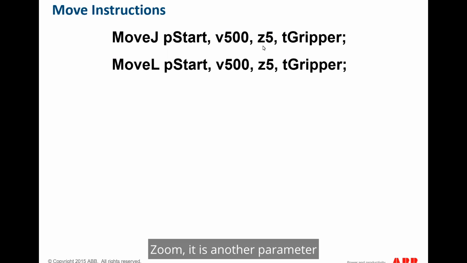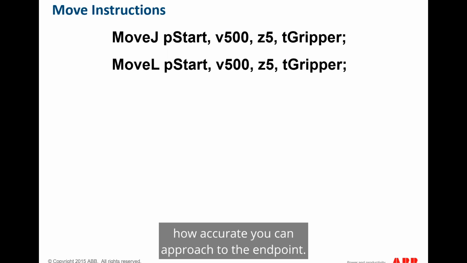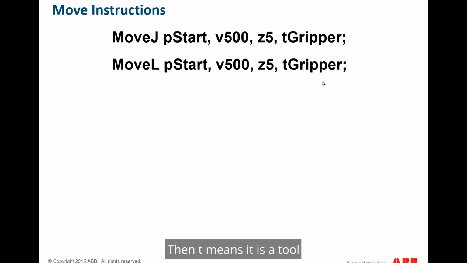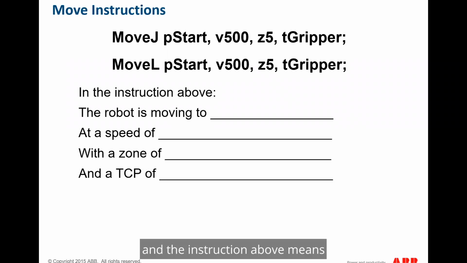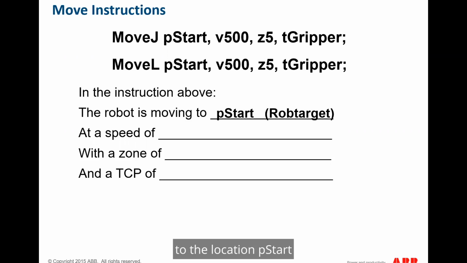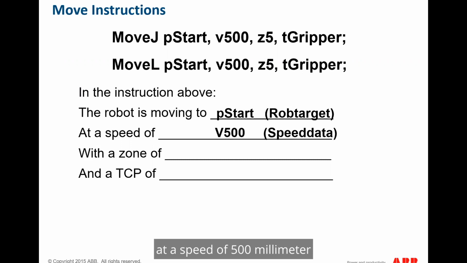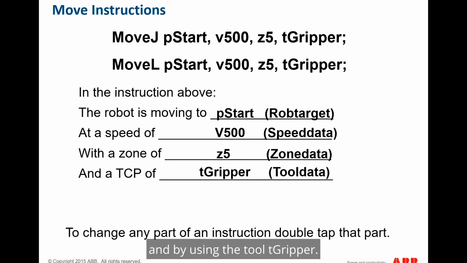Zone is another parameter that guides how close and how accurate you can approach to the end point. Then T means the tool you are going to use. So for example, the instruction above means the robot is going to move to the location P start at a speed of 500 millimeters, with the zone data of 5, and by using the tool T grip.